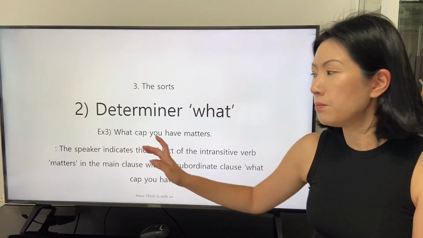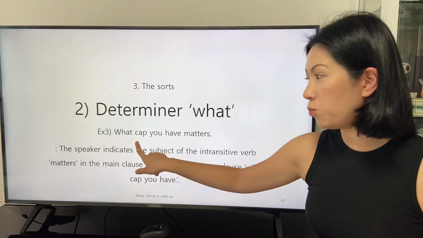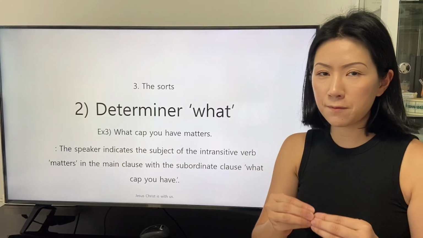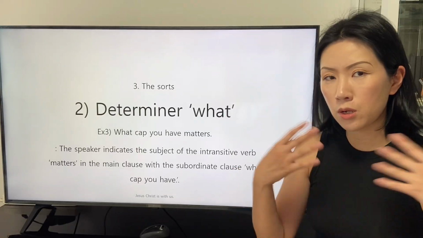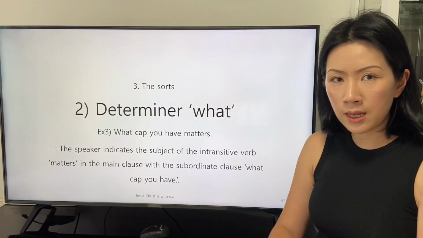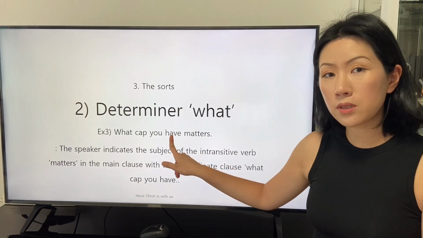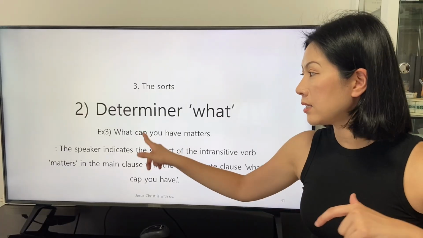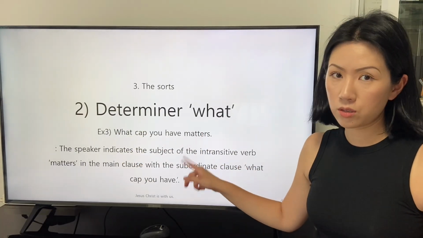We find that the determiner what and the object cap form a phrase of the general noun what cap. And this phrase of the general noun what cap is the object of the transitive verb have in the subordinate clause and links the subordinate clause to the main clause.